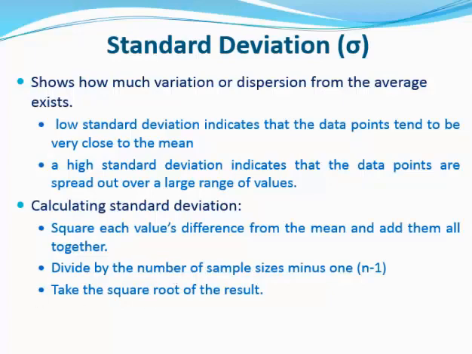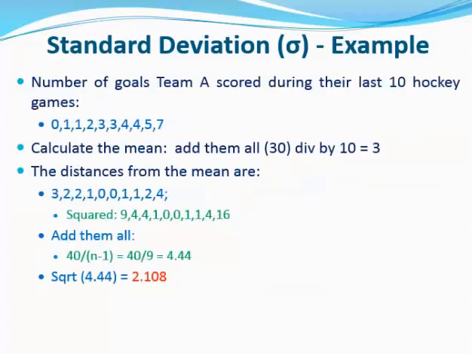So again, let's take an example here. During the last 10 games, Team A scored the following number of goals: 0, 1, 1, 2, 3, 3, 4, 4, 5, and 7. First thing you have to do is calculate the mean, which is the average.